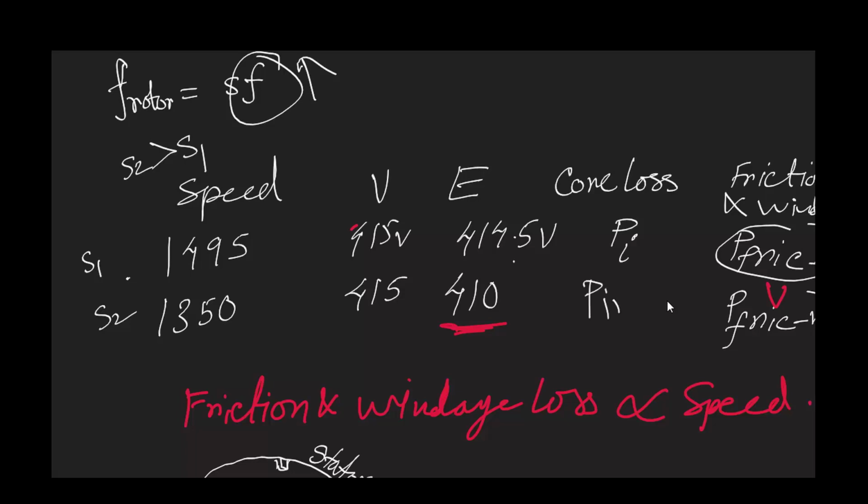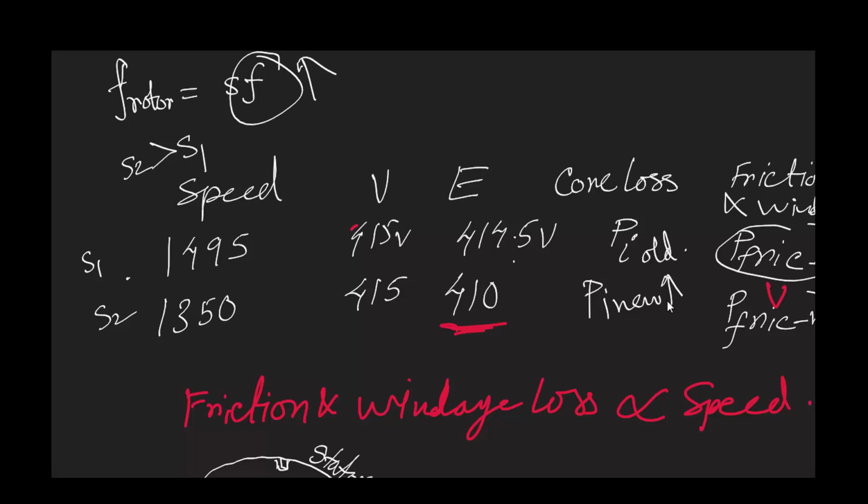The Pi new will be considerably higher than this Pi old, and if we conduct a series of experiments for a commercially available induction machine, we can find that the rise of this core loss and the fall of this friction and windage loss are in such a manner that they can cancel out each other.